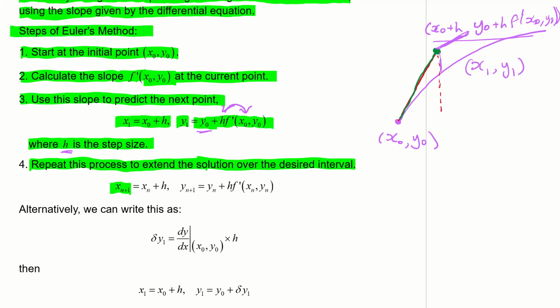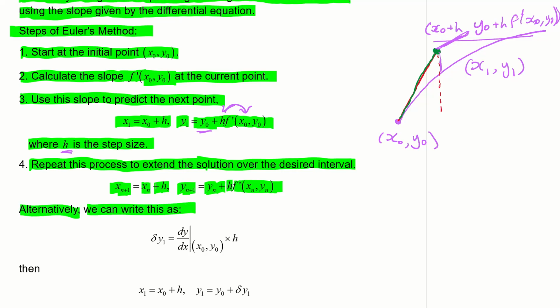In general, xn plus 1, the next x, is the current x plus h, and the next value of y is the current value of y plus h times the gradient at xn, yn.